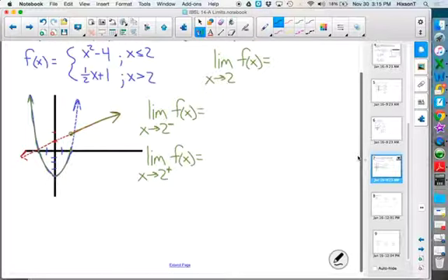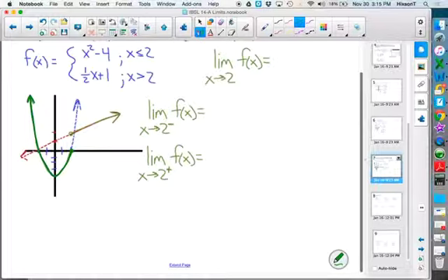So you'll notice here's the entire parabola, x squared minus 4. But we only want that parabola when we are less than or equal to 2. So this is part of the function f. Once we pass 2, we want to jump to the line 1/2 x plus 1.